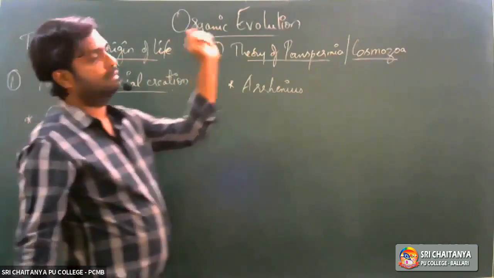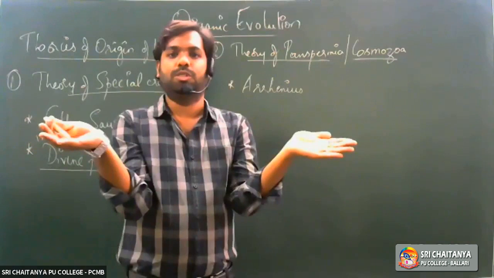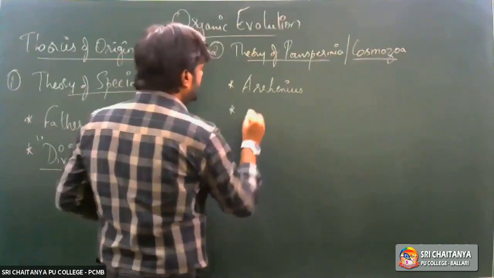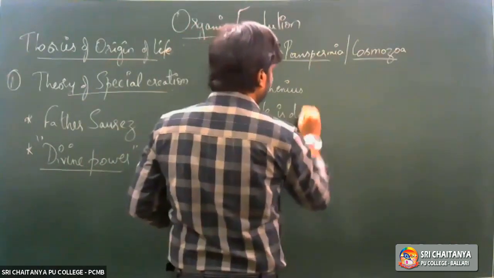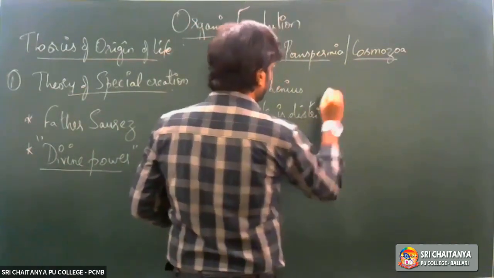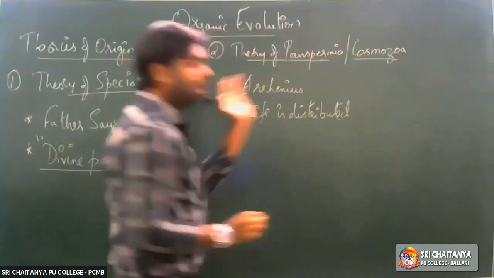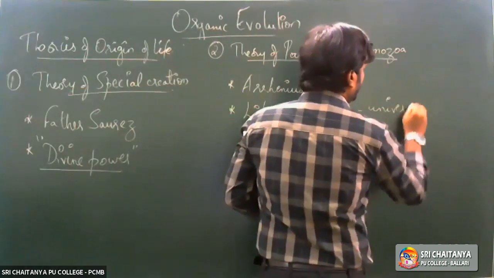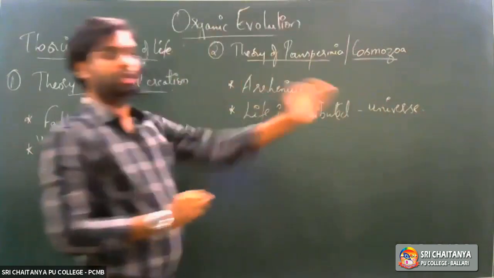Now, what did he say in the theory of panspermia? What he said is that life is distributed throughout the universe.